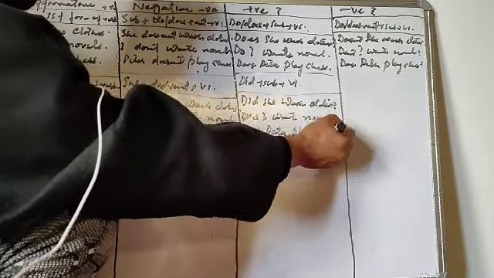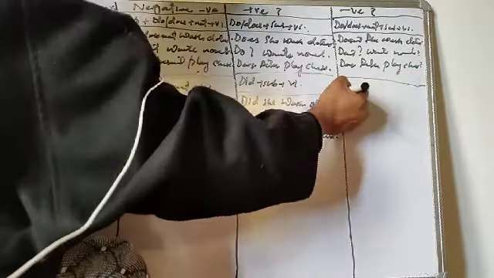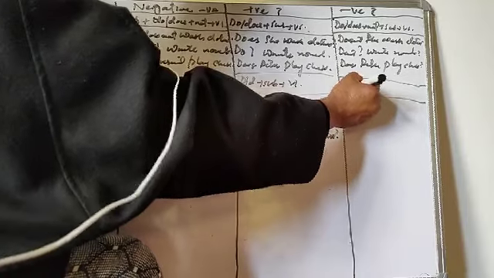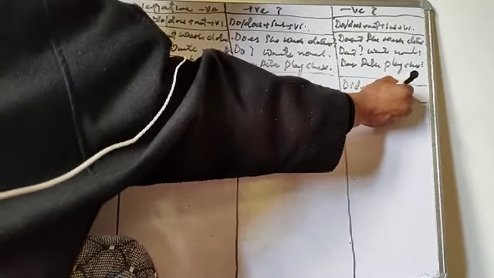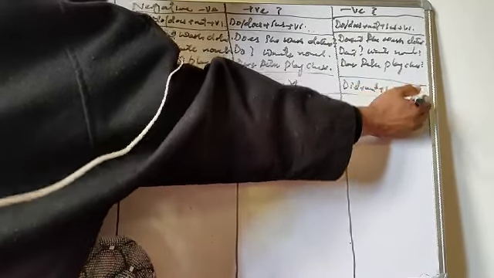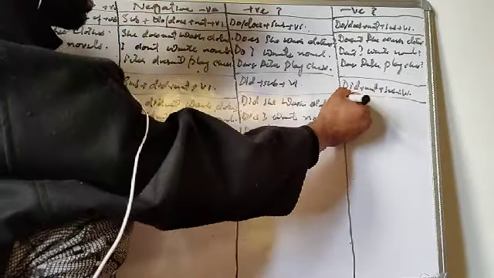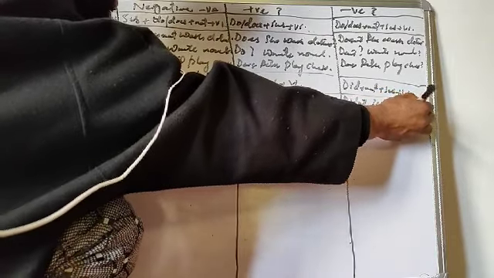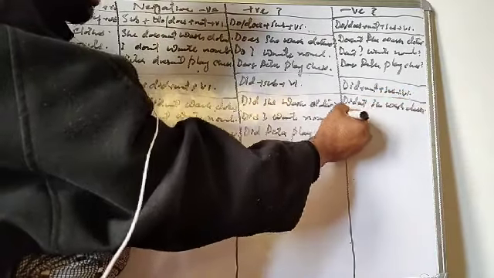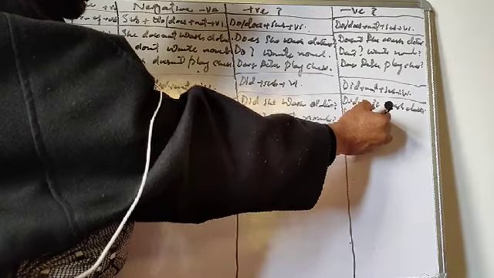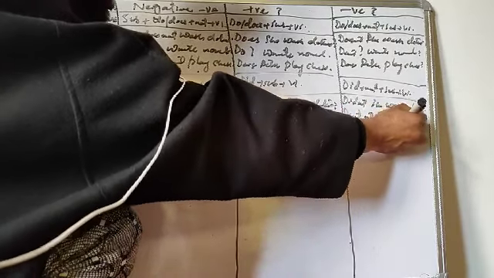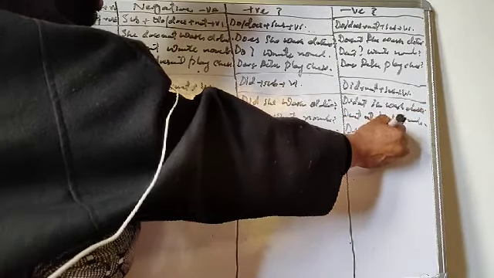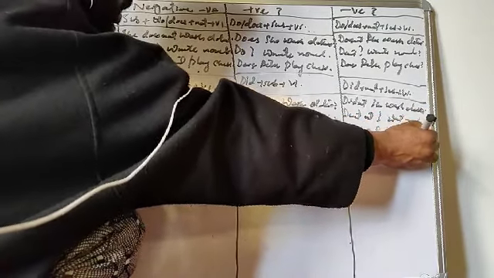Then it is negative interrogative: did plus not plus subject plus V1. Didn't she wash clothes? Didn't I write novels? Didn't Peter play chess?